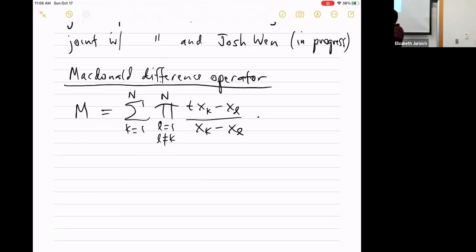Somehow you can think of interacting particles if you like. This kind of has its origins in integrable systems, but I won't talk in much detail about that. So that's a multiplication by a rational function, and then there's this q shift operator. So this is like a discrete analog of a derivative.